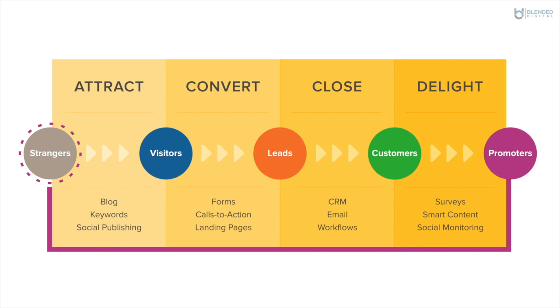And things like surveys, smart content, social monitoring, social surveys, even direct calls to ask, did we do well? All that kind of stuff is really good for delighting the customer, because they feel valued, and that also brings more value to the brand. And at that point, hopefully, the customer becomes a promoter and promotes to other strangers, and the whole inbound circle continues.